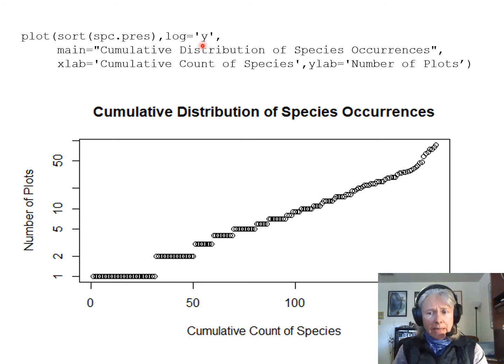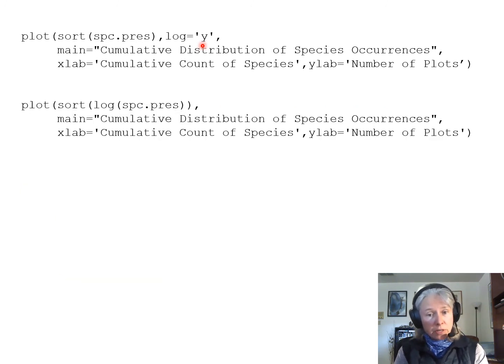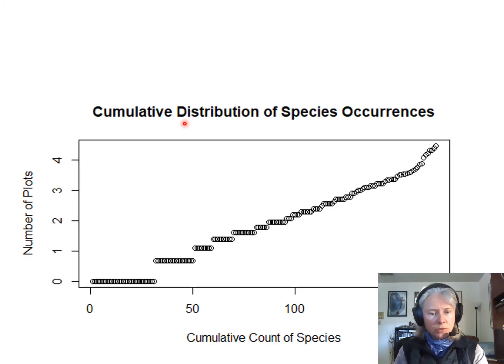It keeps the data in their original form, their original scale. It just displays them differently. Now, if instead we had used this code where the log function is given to the actual species presence data, then you wind up with this.